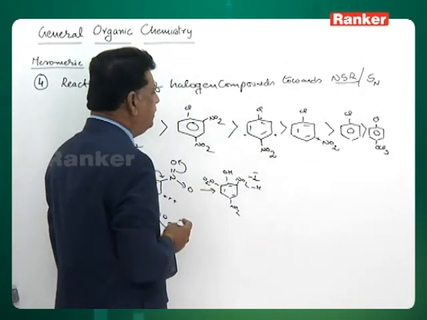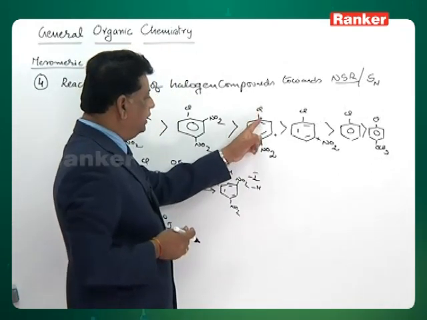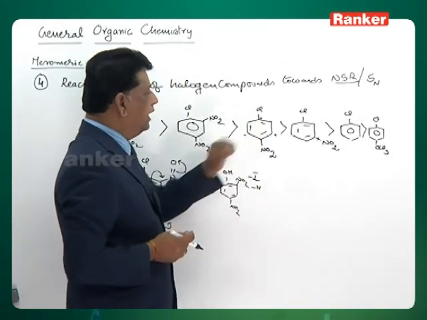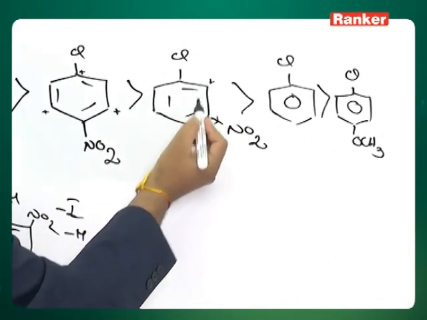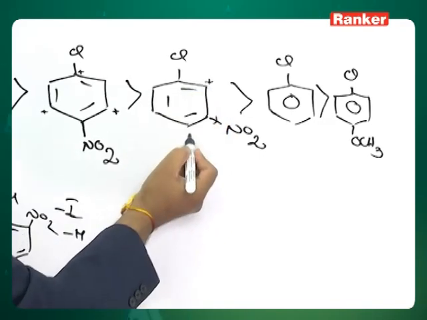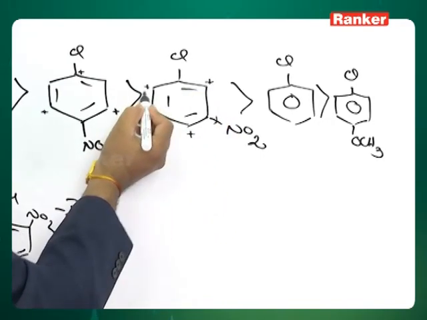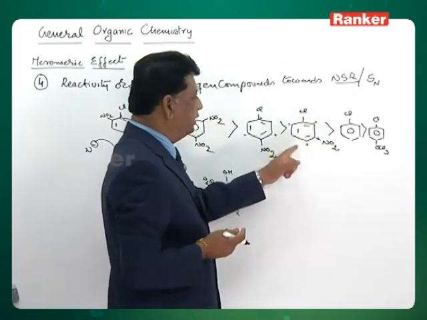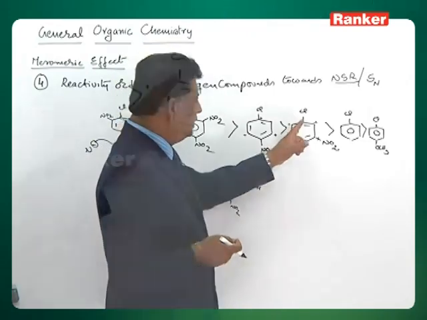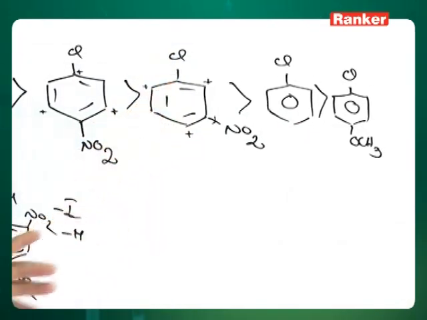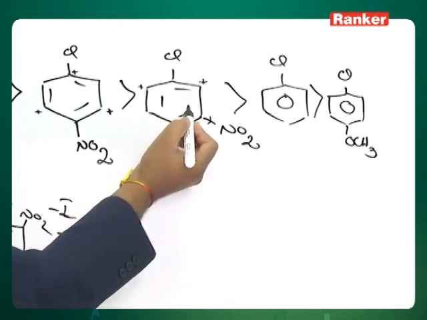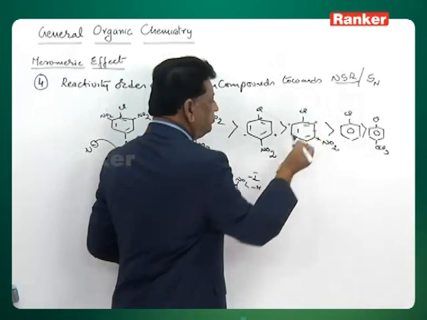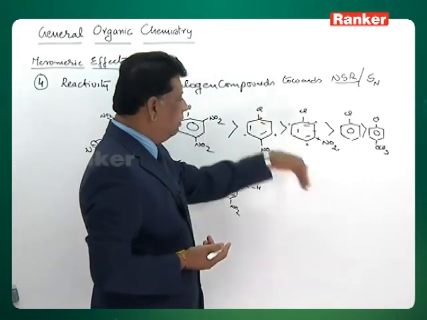That means the carbon on which chlorine is there is influenced by this nitro. Whereas if you write the resonance structures, ortho to nitro and para to nitro is becoming a positive charge. The carbon where chlorine is attached is not influenced by the mesomeric effect by this nitro. However, the inductive effect will be there, inductive effect through sigma bond.